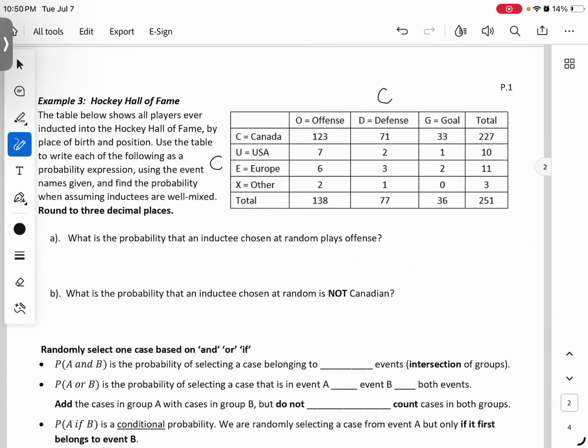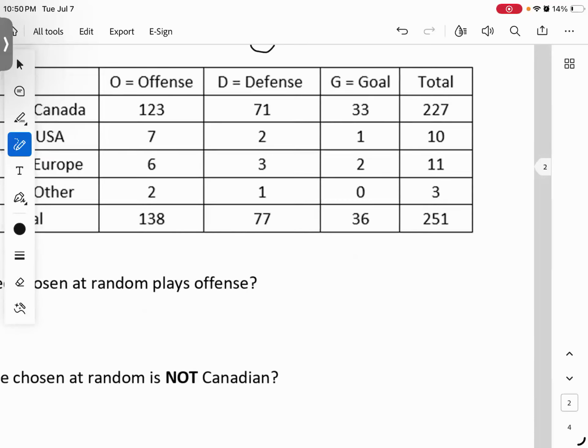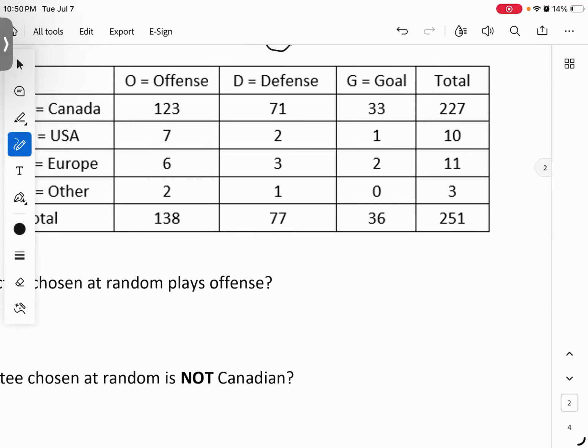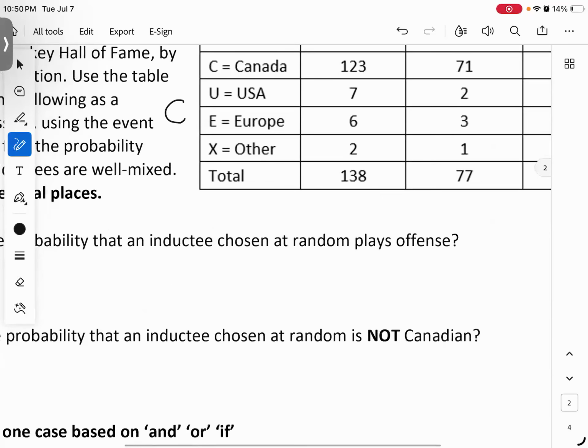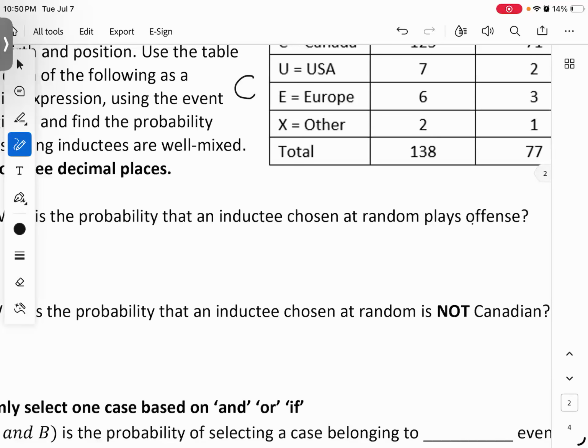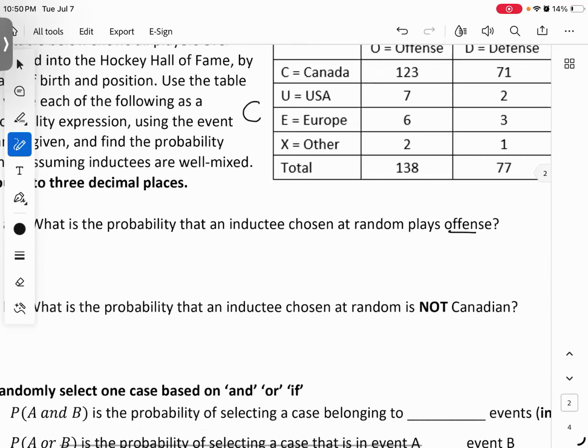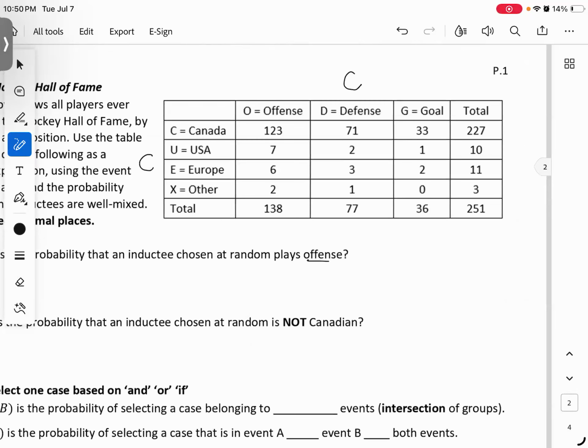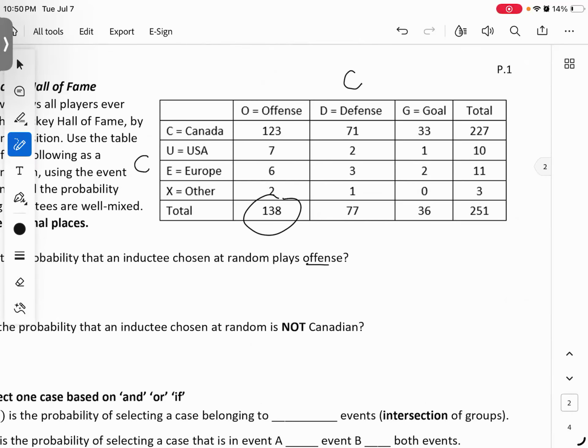Again, it's all about fractions. If you look at A, it's asking to find the probability. And so you imagine these just like the cards. Like you're going to mix up all the hockey players and notice that there's 251 of them. Mix them all up and then pull just one of them out by random. And that would be 251. What's the probability that you happen to pick somebody who plays offense? So you've got, let's see, where's our offense right here? There's 138 who play offense out of the 251.